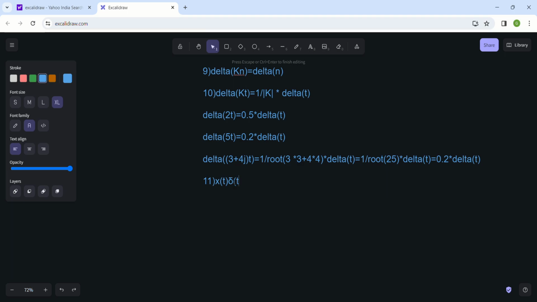Delta of t minus t naught equals x of t naught into delta of t minus t naught.